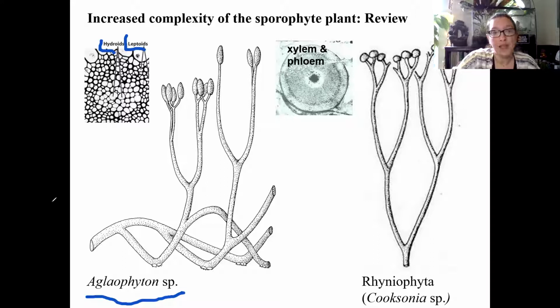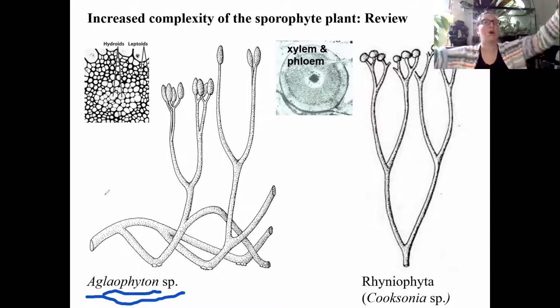But even though it has this kind of simple precursor to a vasculature, more importantly, this Aglaophyton, being an intermediate plant, the sporophyte plant's already way more complex than we saw in the non-vascular plants. So for example, it's much, much bigger.